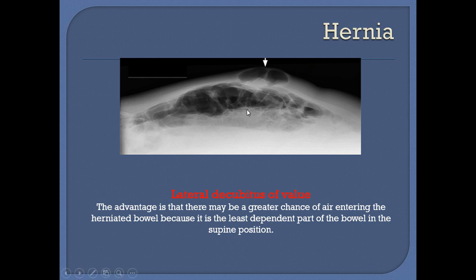There is a greater chance of air entering the herniated bowel loops because it is the least dependent part of the bowel, especially in the supine position. So we shoot it in the lateral decubitus view. You can see the hernia, the dilated loop just beneath the anterior abdominal wall.